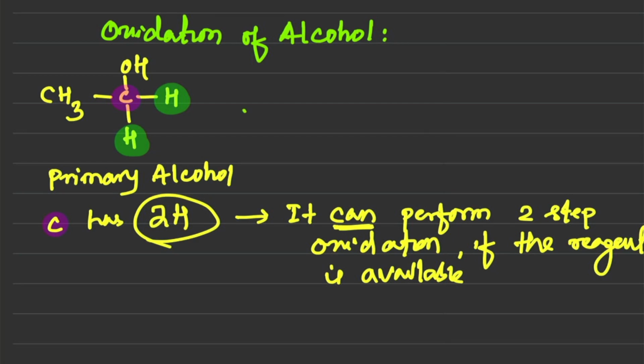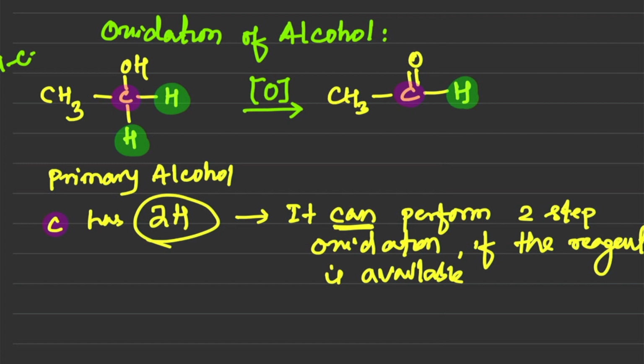So the first step of oxidation, when you oxidize it, keep an eye here. Now you see here the carbon atom. You noticed one of the hydrogens is gone, and the number of CO bonds increases. How many CO bonds did we have on this carbon atom? Here we had one CO bond.